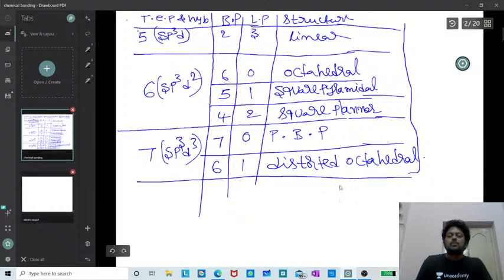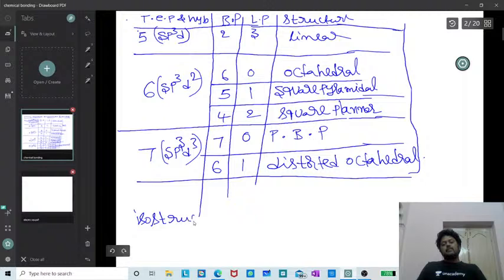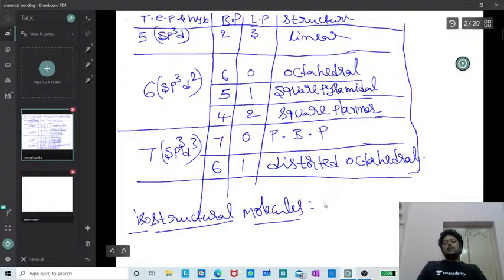Molecules having similar structure are called isostructural molecules. Isostructural is very important for the NEET examination. Isostructural molecules means molecules having the same structure.